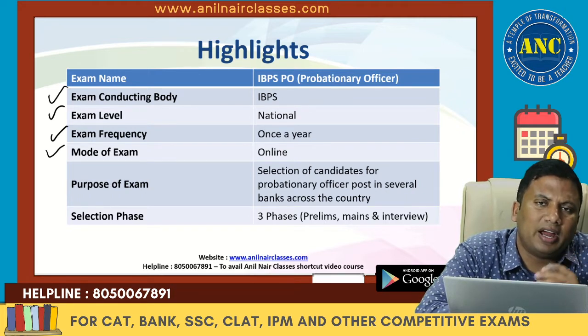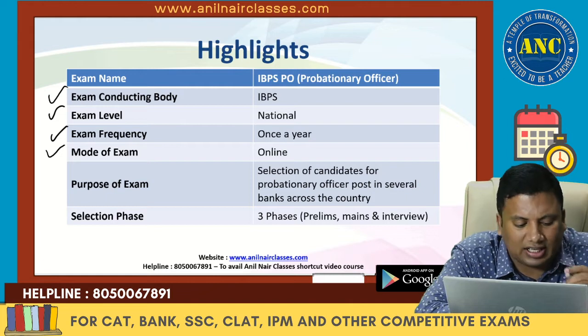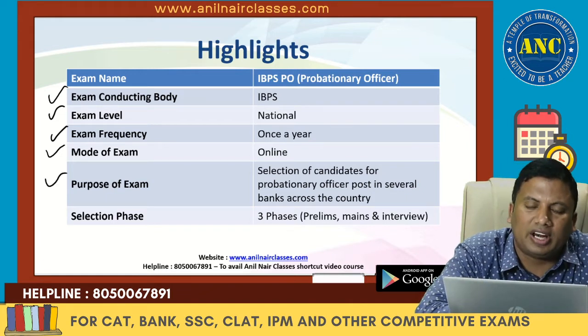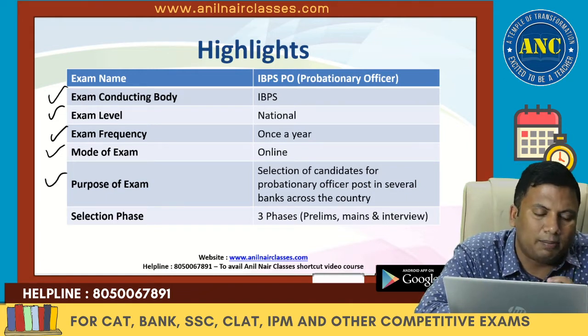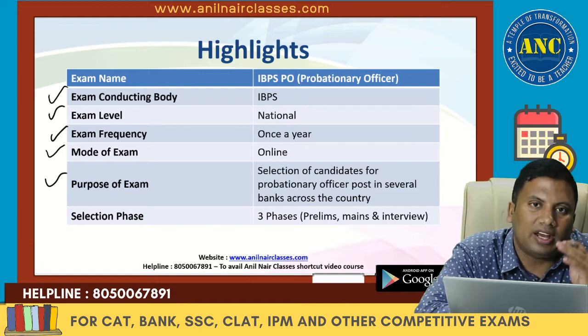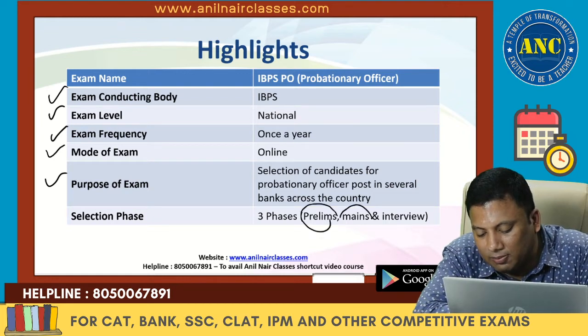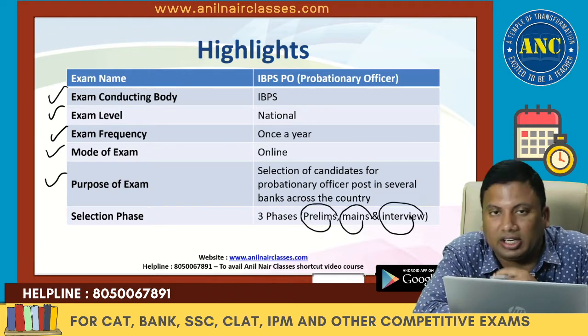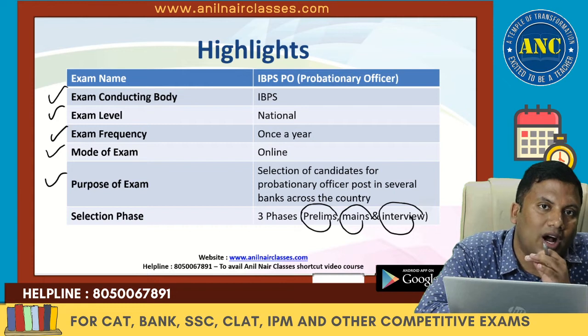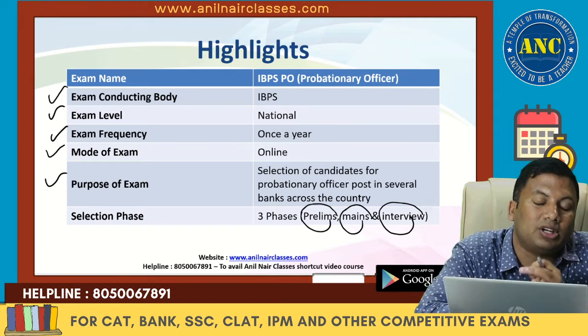The idea behind this examination is to select candidates for probationary officers in several banks across the country. This examination will be conducted in 3 phases: prelims, mains, and interview. Only if you qualify the prelims are you eligible to write the mains and the interview.